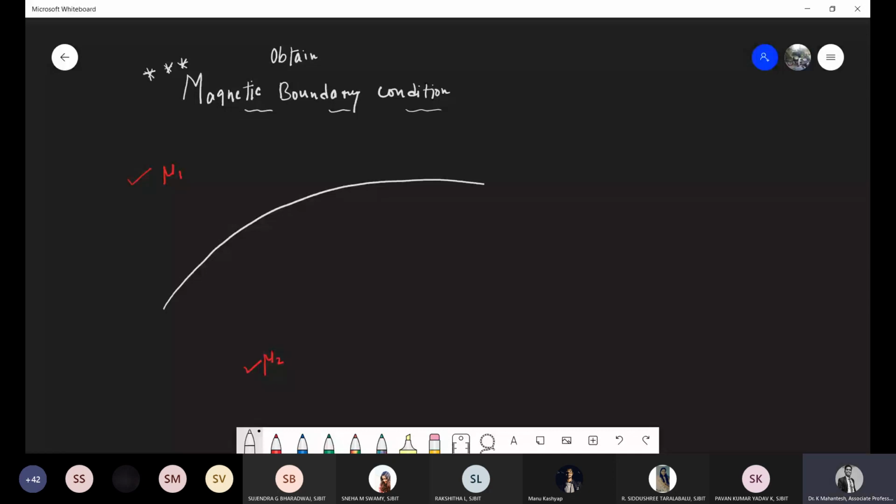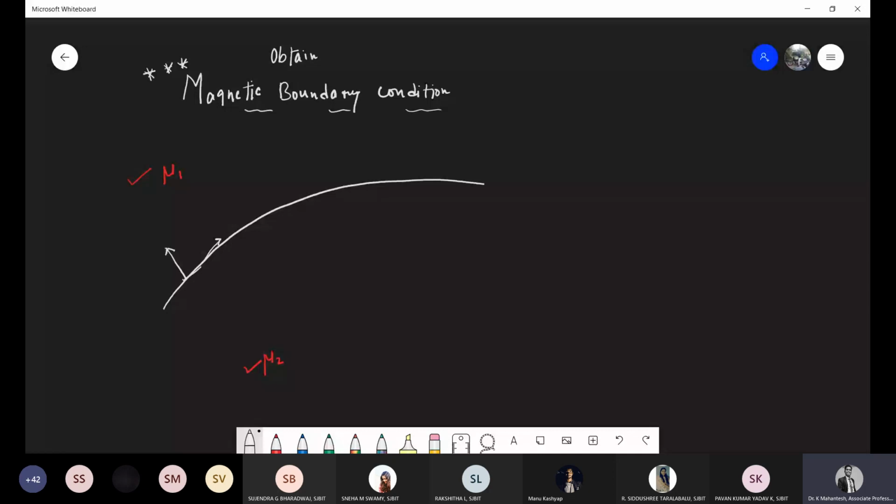So now I just wanted to know what happens to the magnetic field in a single medium and at the boundary between two materials. Here I am trying to observe the magnetic field on the boundary. I want to measure the magnetic field when entering from one material to another.